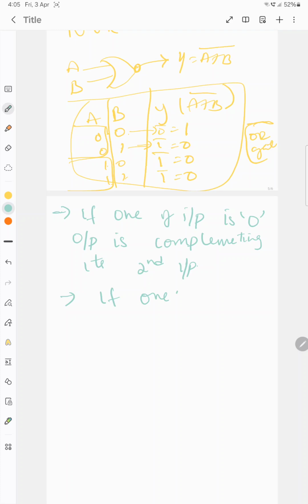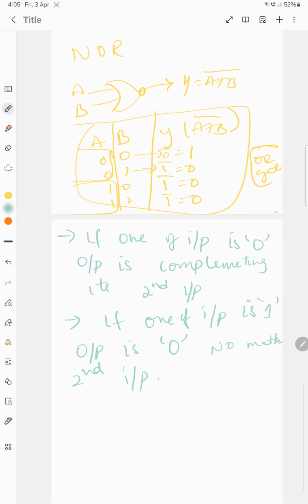If one of the inputs is 1, the output is 0 no matter whatever the second input may be. Okay, this is the NOR gate.